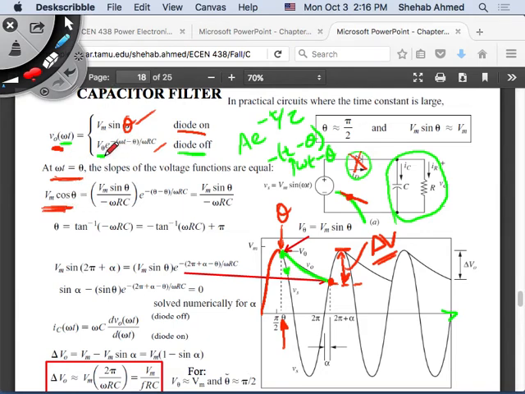And then I find the slope of this other equation also at this point theta, right? So I substitute omega t with theta.